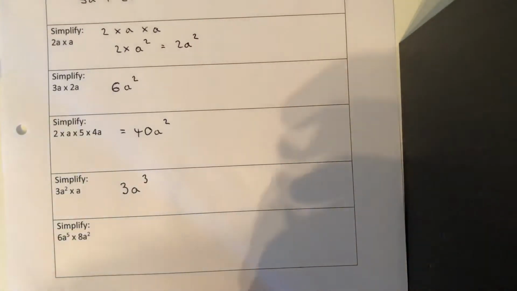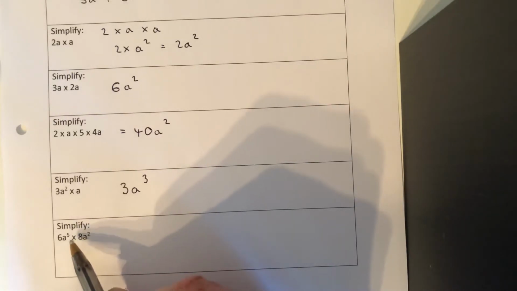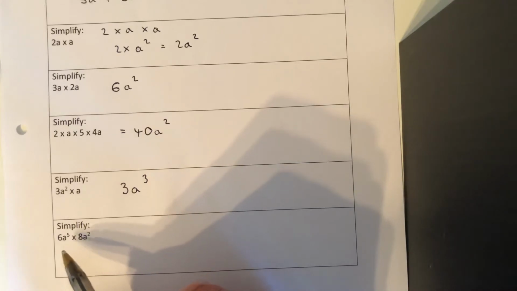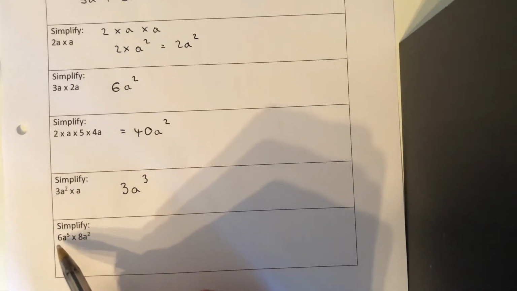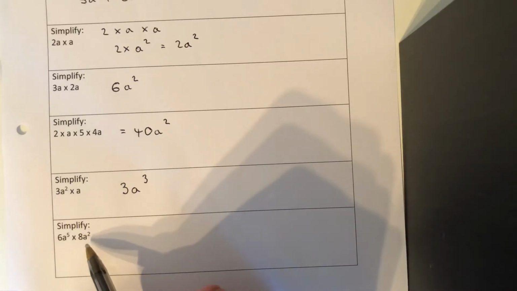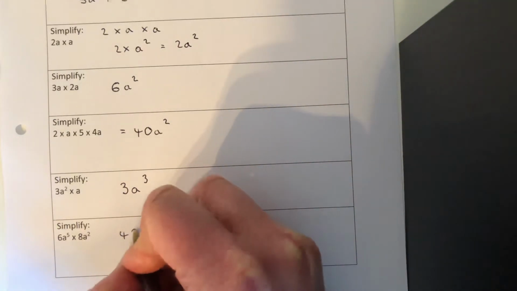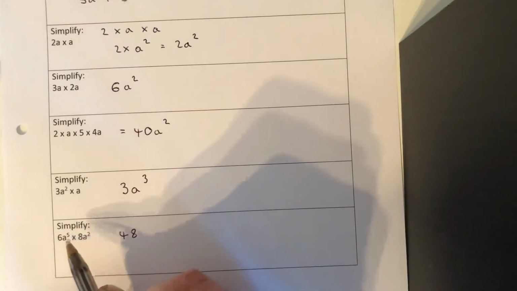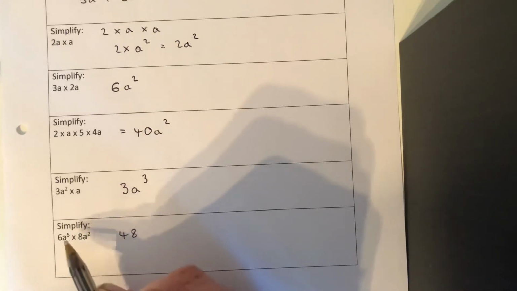And then the last question, 6a to the power of 5, I've got to say that, okay, times 8a squared. So wow, okay. We'll start with the coefficients again. So 6 times 8. So 6 8s are, I've got to remember myself now, 48. So that will give us the start of the answer. Now what we've got is a to the power of 5. Now remember, that is a times a times a times a times a.